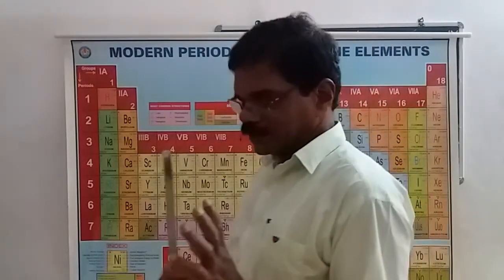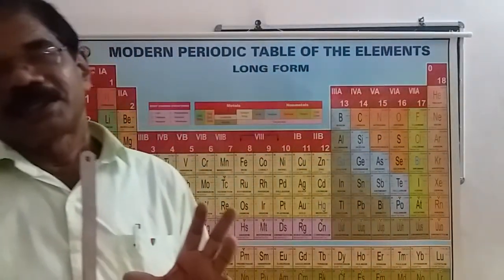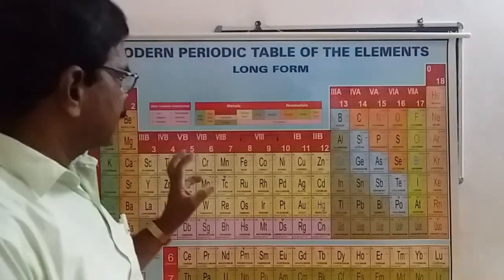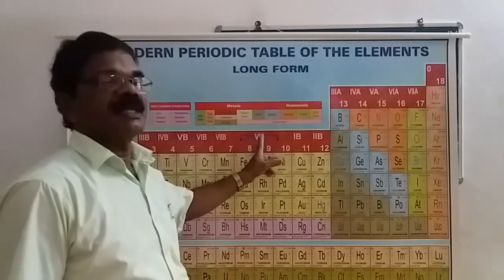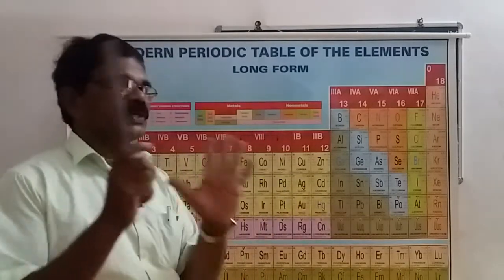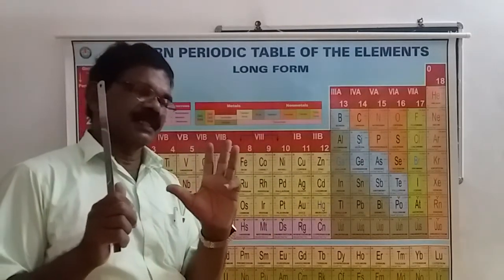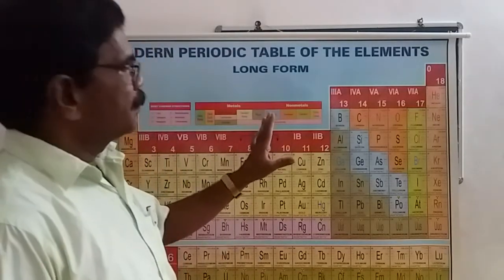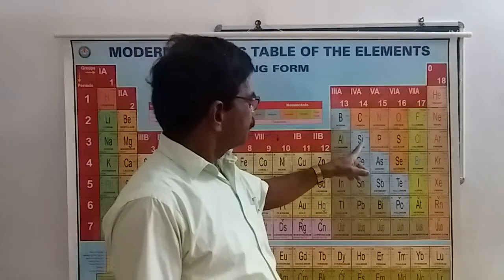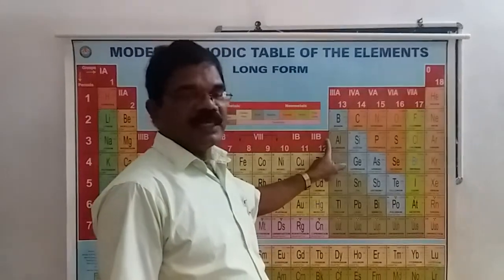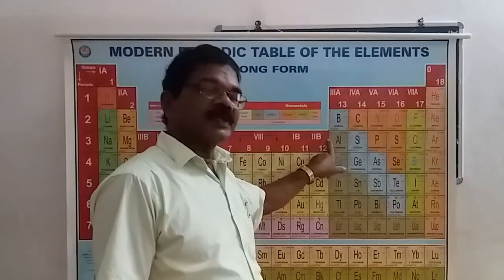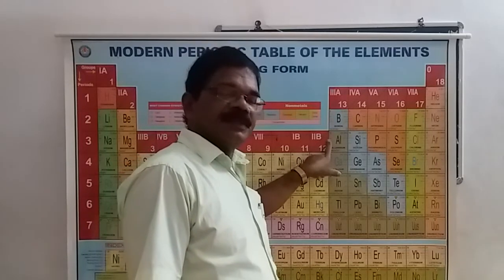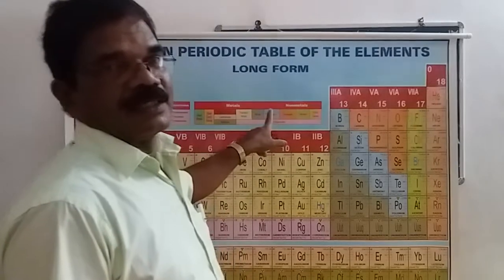You should never try to study the properties by learning them by heart. You look and understand; write the electronic configuration first. The electronic configuration is directly related to the position in the periodic table. For example, in the case of aluminium, atomic number 13, the electronic configuration is K2 L8 M3.